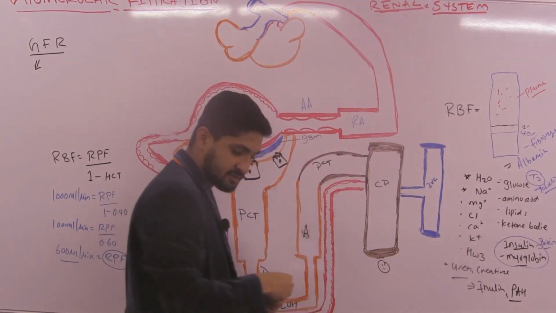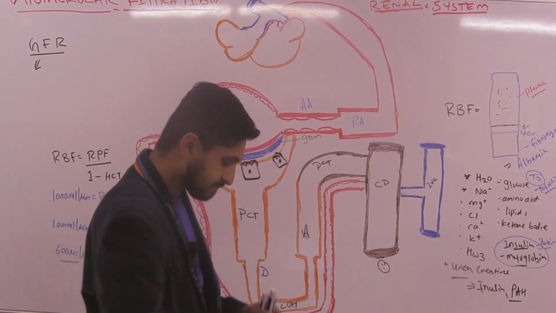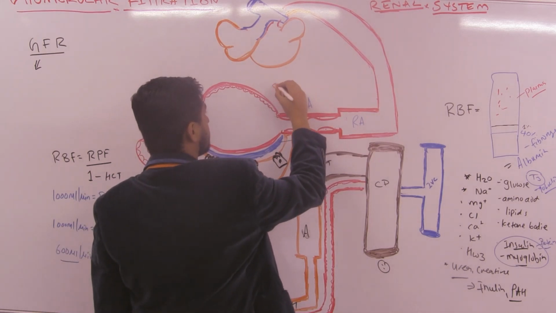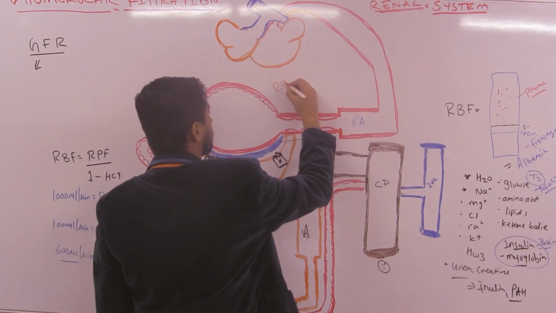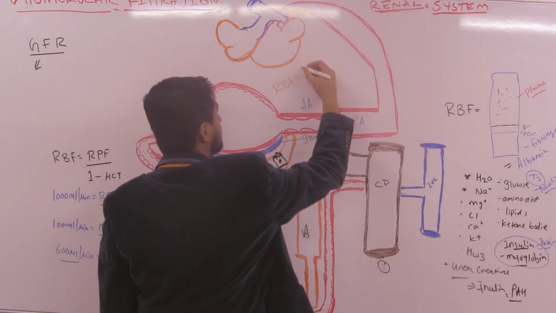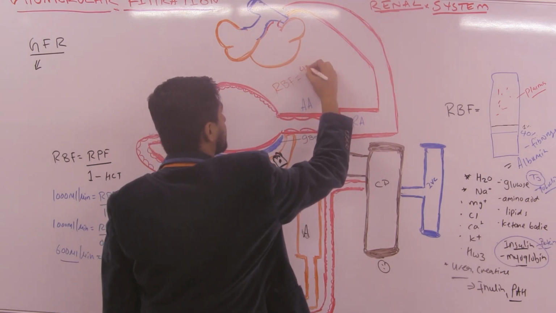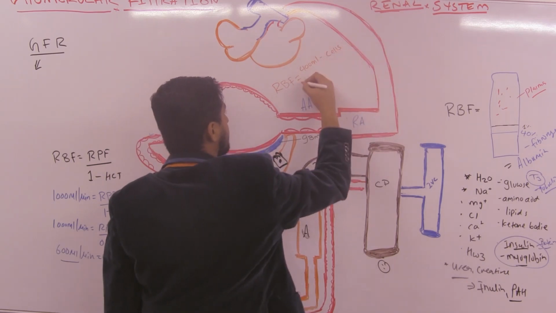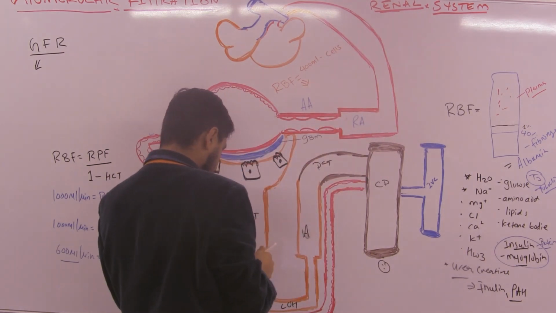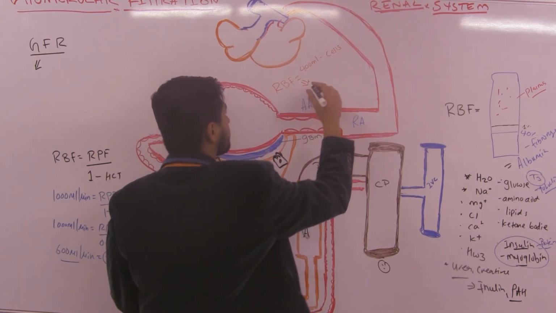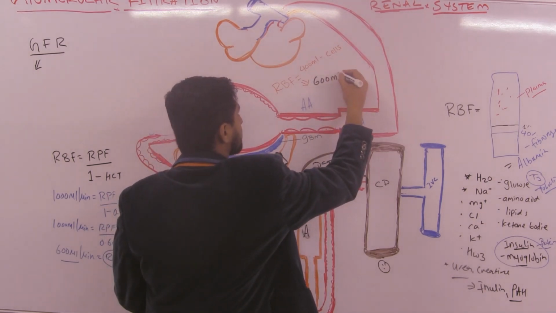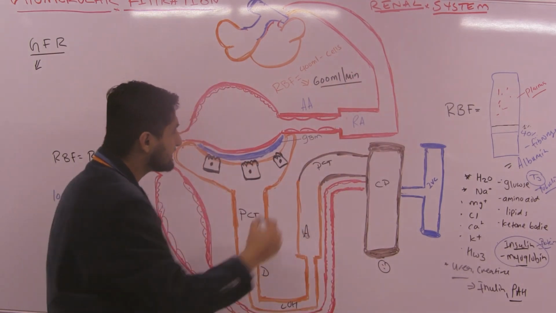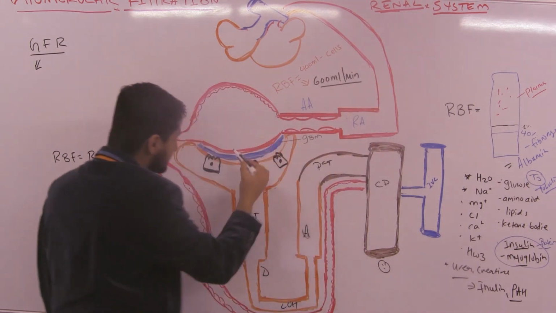Your renal blood flow consists of 400 ml of cells and 600 ml per minute of plasma. That's my plasma, the plasma that is going to get filtered out.